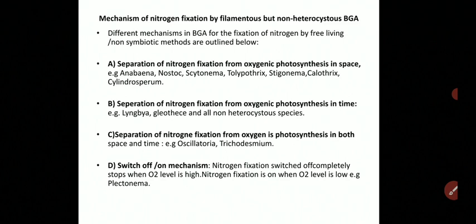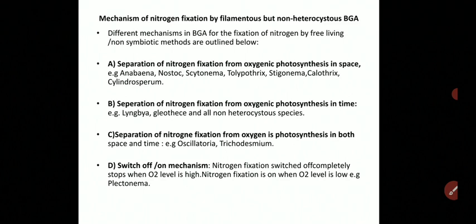So in this way, in the dark period when O2 is not evolving and O2 is utilized for respiration, there is a scarcity of O2, and in this small amount of O2 the activation of the nitrogenase enzyme leads to fixation of nitrogen. This is the first mechanism. The second mechanism in these species is a temporal separation of nitrogen fixation and photosynthesis.